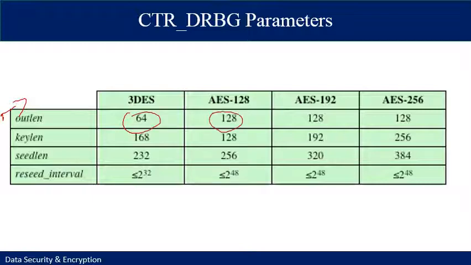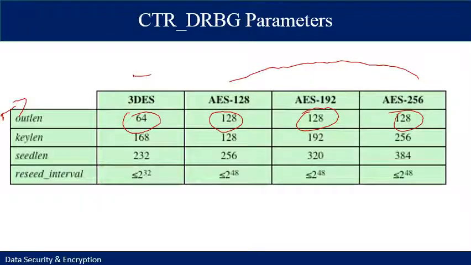In AES-128 it is 128 bits, 128 bits in AES-192, and similarly 128 bits in the AES-256 algorithm. So that means the output of each AES can be 128 bits and DES can be 64 bits.